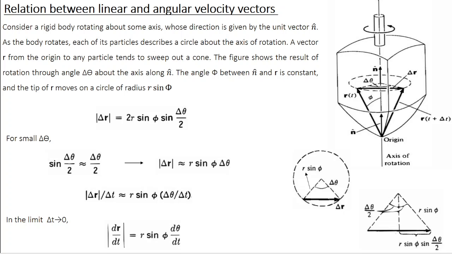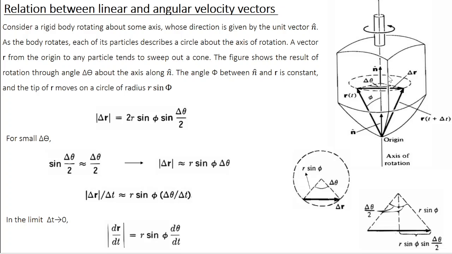The figure shows the result of rotation through an angle delta theta about the axis along n cap, and you can see that throughout this rotation the angle phi between n cap and the r vector is a constant. The tip of the r vector is going to move in a circle.